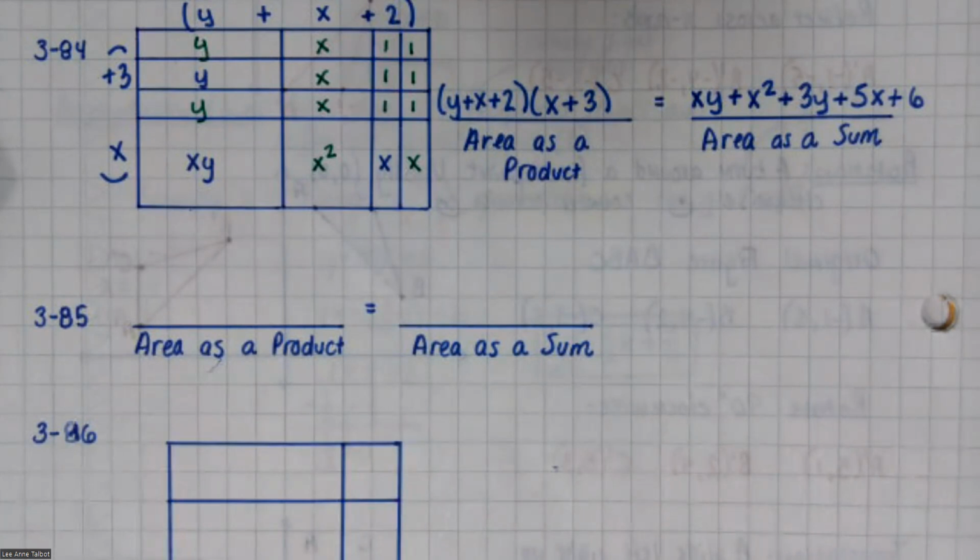I'm going to put up a picture of the tile diagram, just like it is up here. So I'm just going to put up the picture from the ebook for 85. I want you guys in your groups to try to figure out the area as a product and area as a sum from the picture. Are you ready? Yep. Okay, see if you can do it, and I'll put the answer up in a minute.